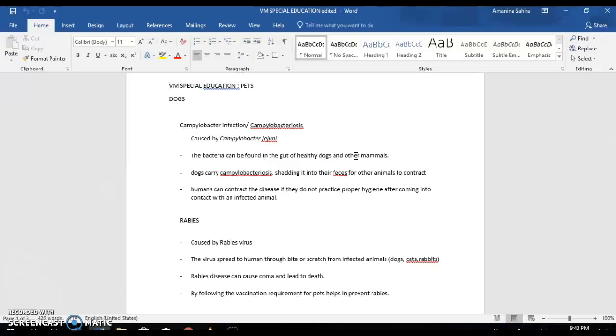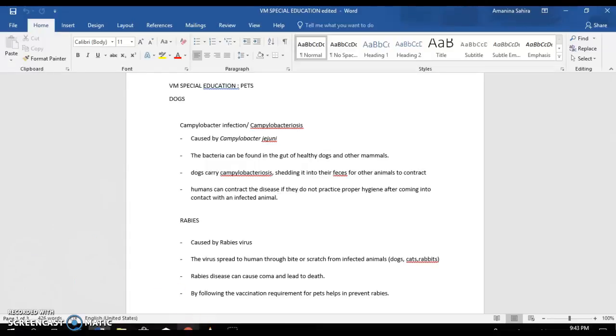Humans can contract the disease if they do not practice proper hygiene when in contact with the infected animal. So humans need to take proper hygienic practice when taking care of dogs, so that they can prevent being infected by Campylobacter jejuni.